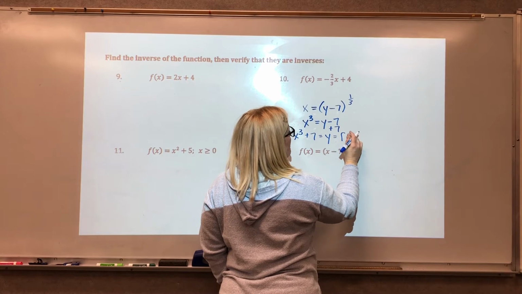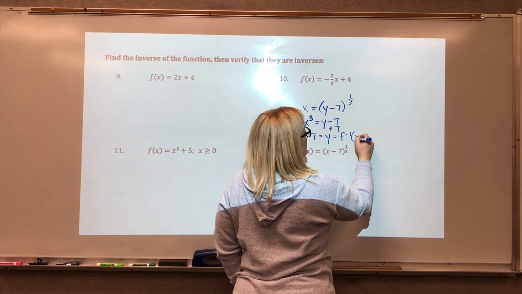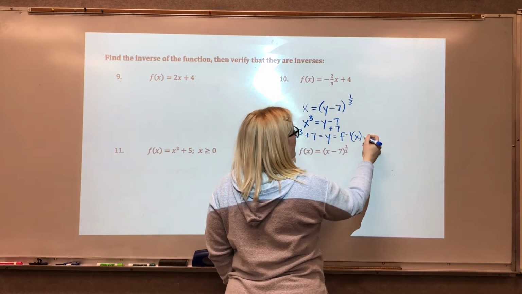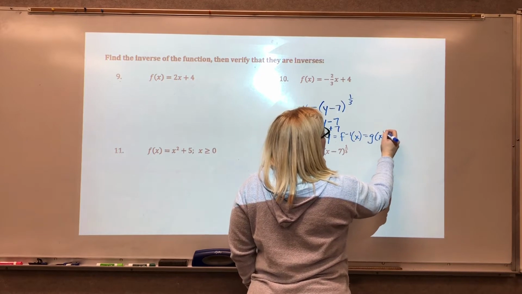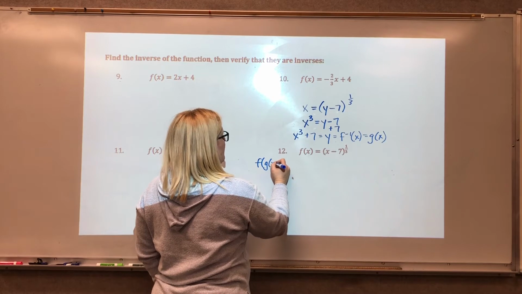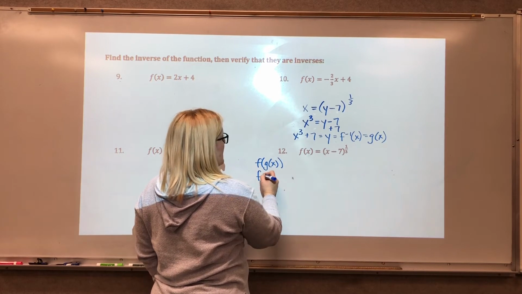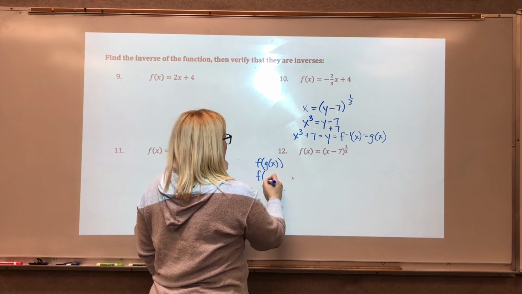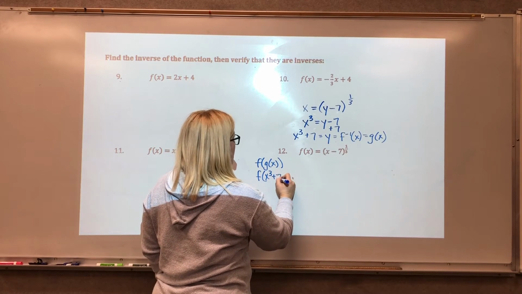And y is the same thing as f inverse of x, or g of x. All right, so now f of g of x is f of x cubed plus 7.